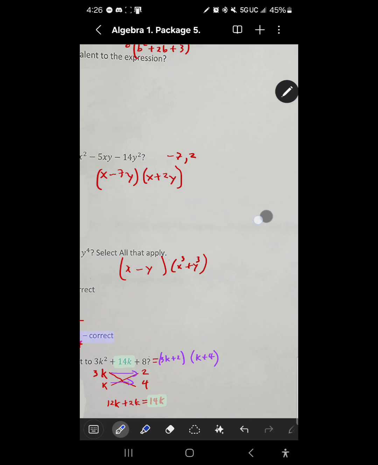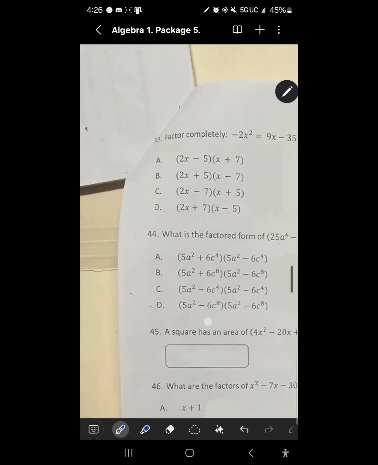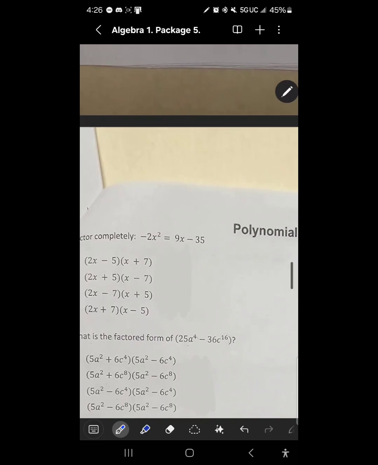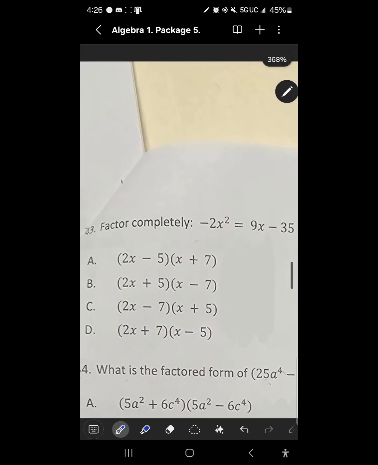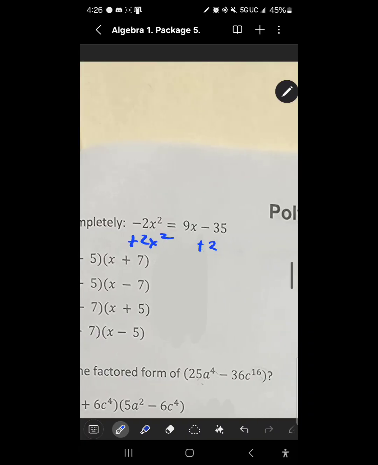That's how we factor. In the case we have right here, the first step is to make it 0. So I can add 2x squared to both sides.